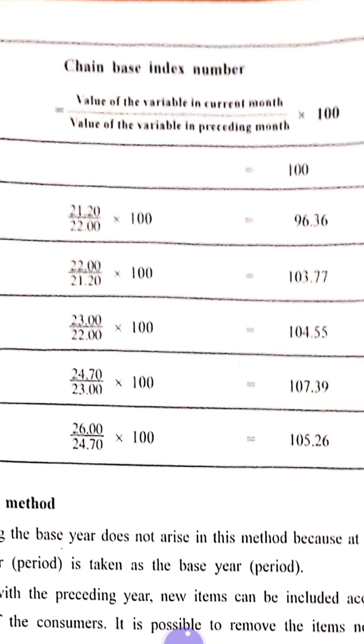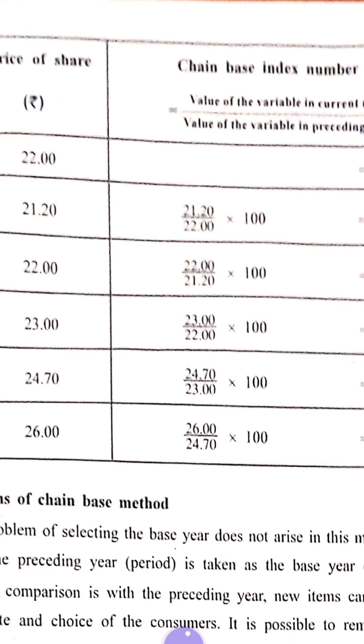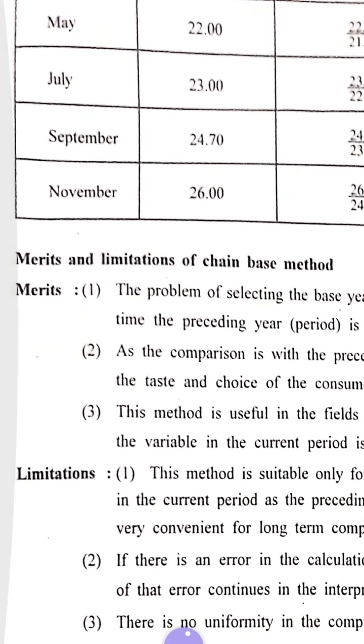In fixed base index number, in the denominator you always take the value of any past month or year, right? So that is the main difference between the fixed base index number and chain based index number, right?